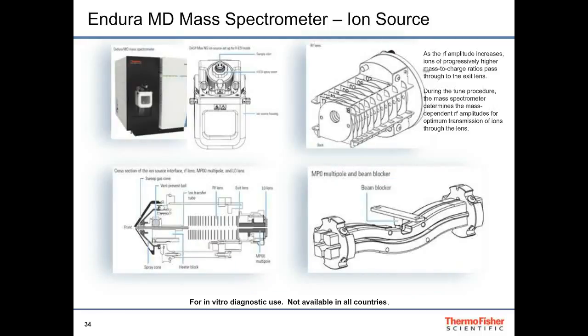The ion source housing permits us to easily switch between our heated electrospray ionization, or HESI, probe and atmospheric pressure chemical ionization, or APCI, probe.